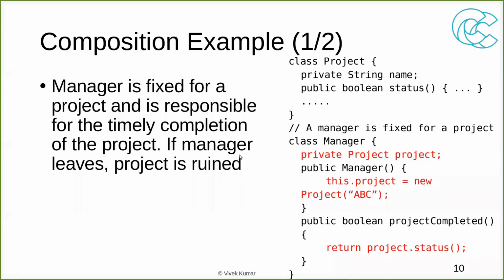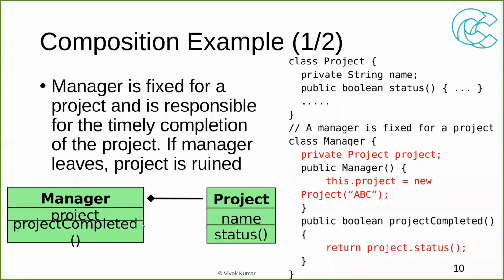Is that clear? So in the case of manager and project, you have this. Project is composed within manager, or manager is composed of project, whichever way you look at it. If an instance of manager ceases to exist, then automatically the instance of project also ceases to exist.